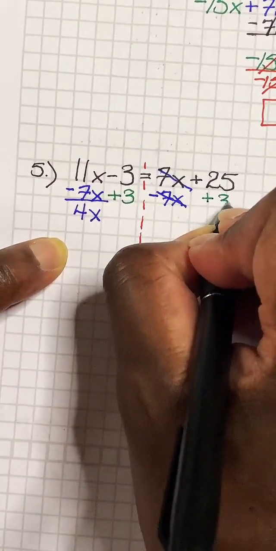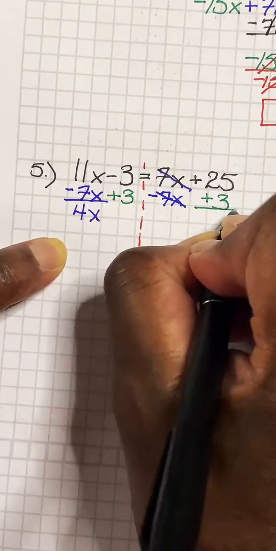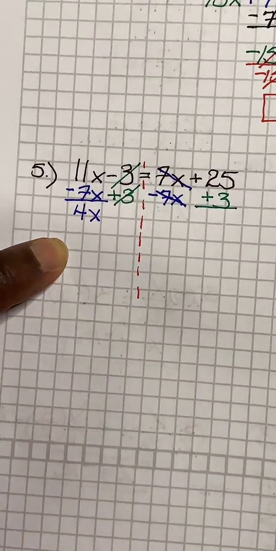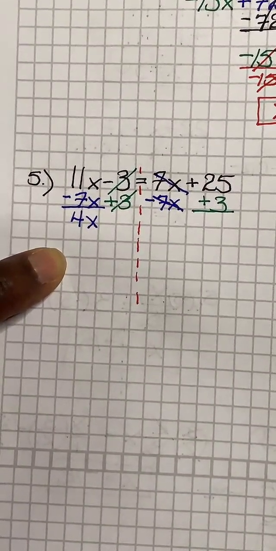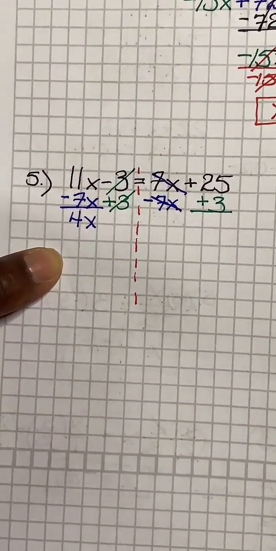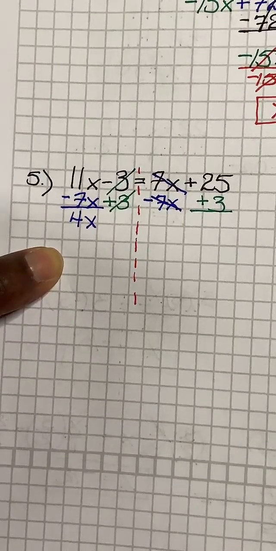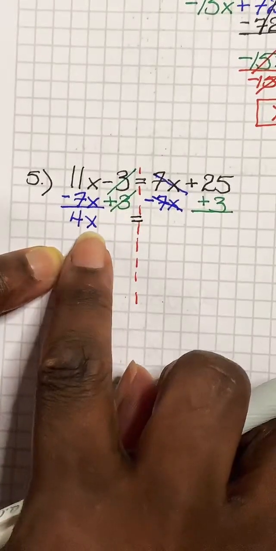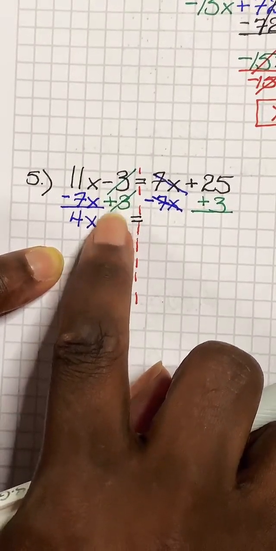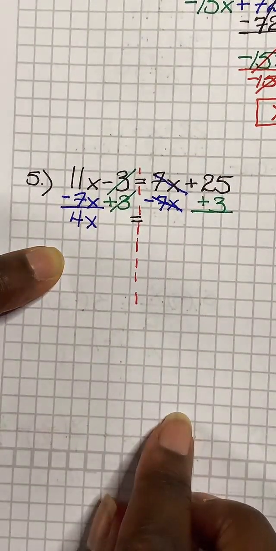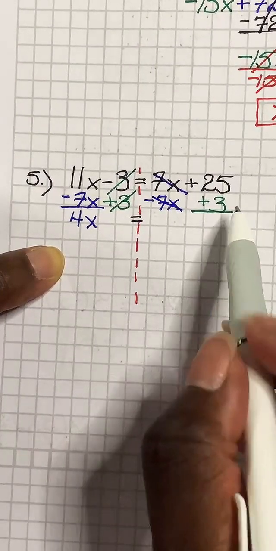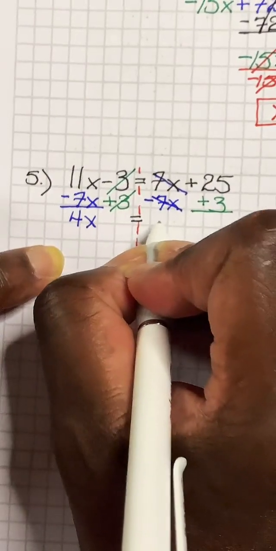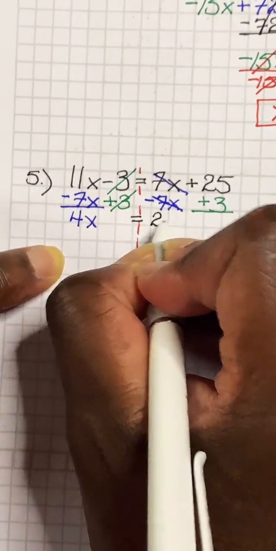Because eventually, guys, you're going to learn to do all of this moving on one line. If you don't like it and you want me to keep it separate, just let me know and I'll do it that way. I don't want it to confuse you. But if you're putting your x's on the left-hand side, that means your constants have to be on the other side. So now we have 25 plus 3. So 25 plus 3 gives me 28.